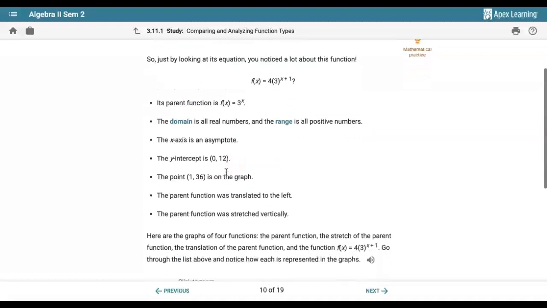Oh, and something I didn't mention here is this plus 1 to our x component. So our parent function was translated to the left. And since we have no plus or minus on the outside here, we have no translation vertically. And again, this 4 value out here indicates that it was vertically stretched.